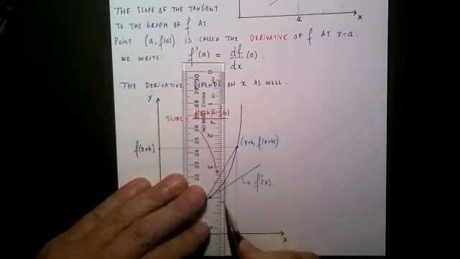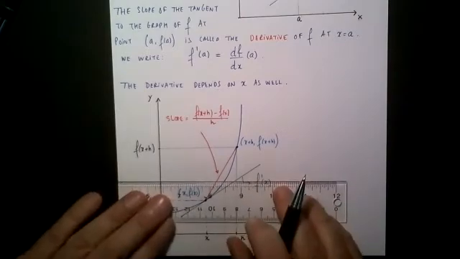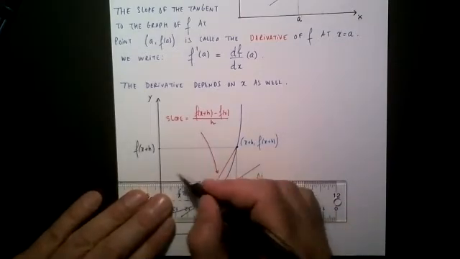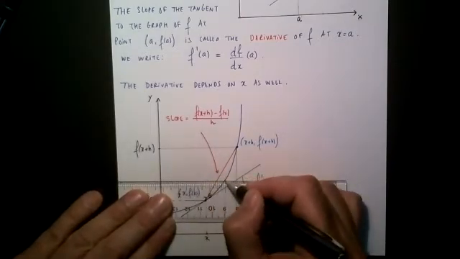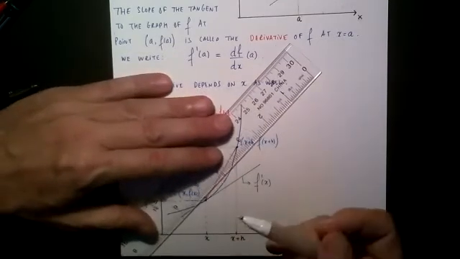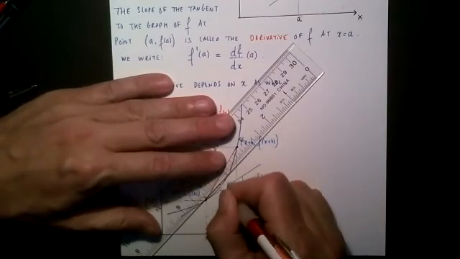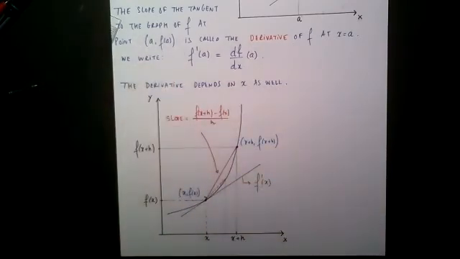If I would have taken x plus h here, it would have been better, because look what would happen. What would have happened? See, the red line would have been here. Do you see what I just did?